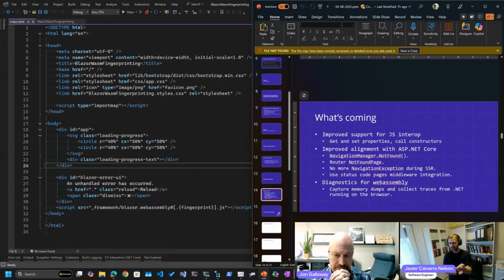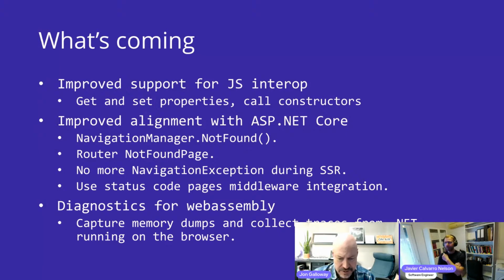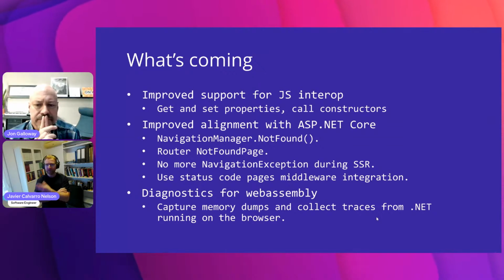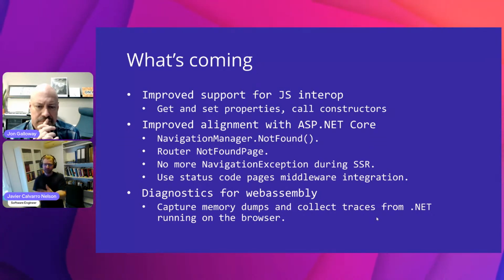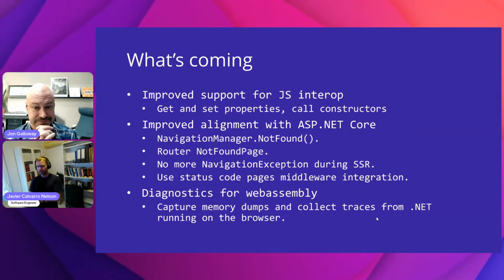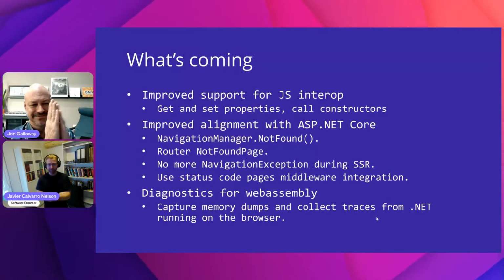We're making improvements to JS Interop: being able to get and set properties and call constructors directly from JS Interop without having to write a wrapper function for it. So if you have an object in JavaScript and you just need to set a property, you don't have to write the extra glue code in JavaScript to do it.